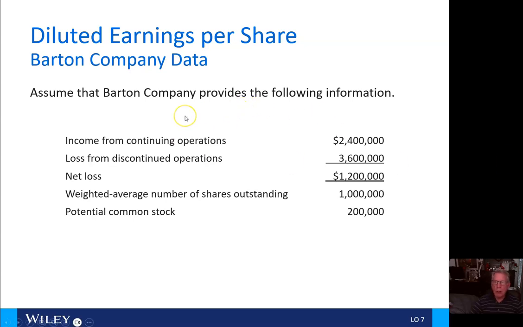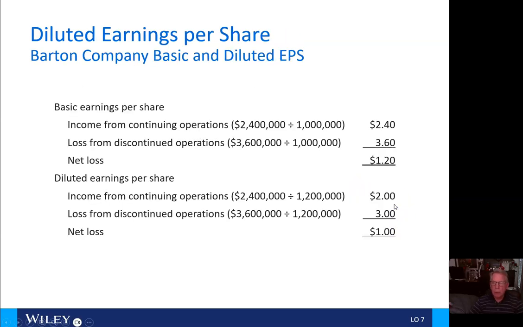So assume that Barton Company provides the following information. We have income from continuing operations, loss from discontinuing operations. Our net loss was $1,200,000, and our weighted average number of shares outstanding is 1 million shares, and so potential common stock 200,000.